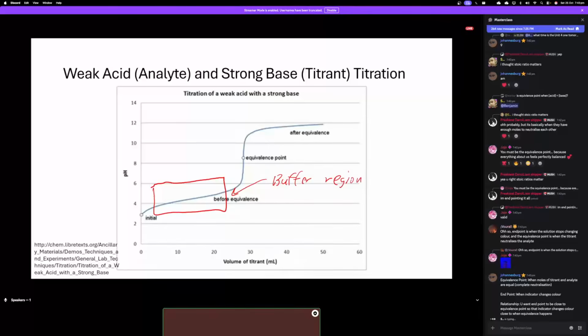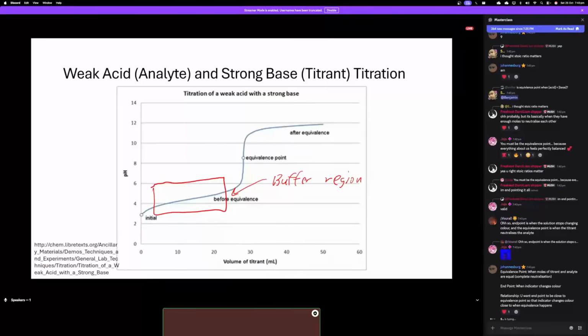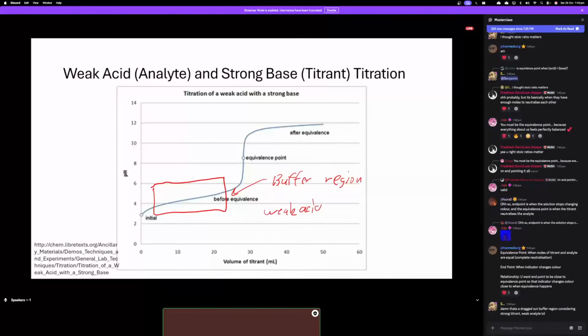Remember when we were talking about buffers, and I said that there are two ways to make one. One of the ways I did mention is we start with some amount of a weak acid or base, and I half neutralize it, right? That's what's happening here.